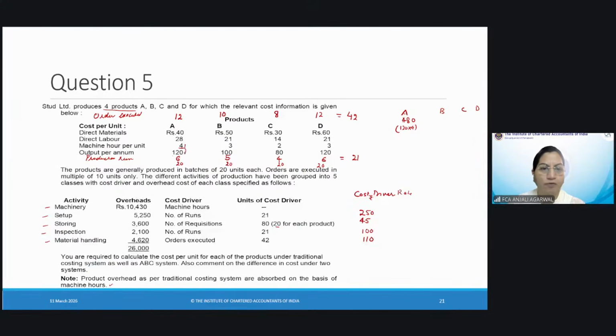For B, 120 into 2... for this, it will be 300. For product C, it will be 80 into 2, 160. And for product D, it would be 120 into 3, 360. And the total would be 1300.